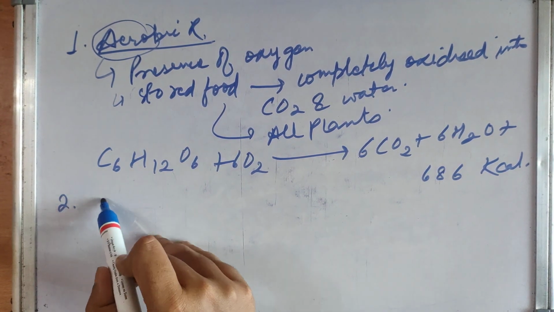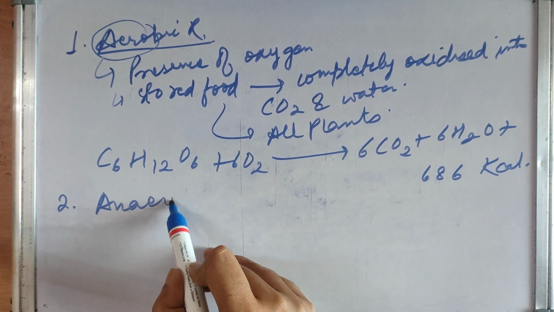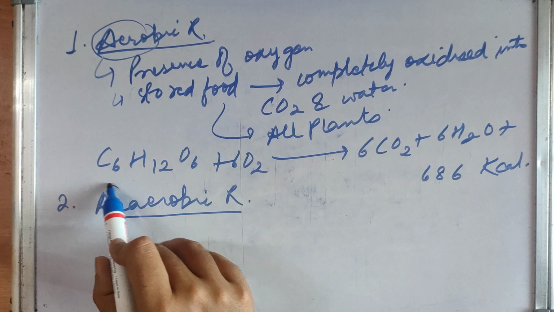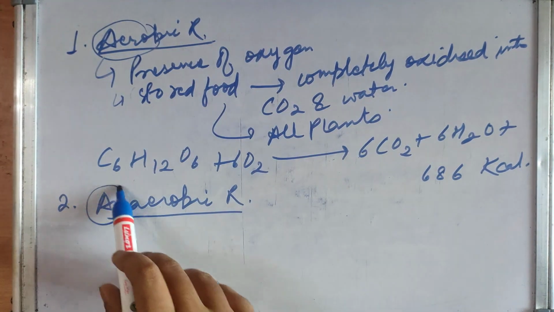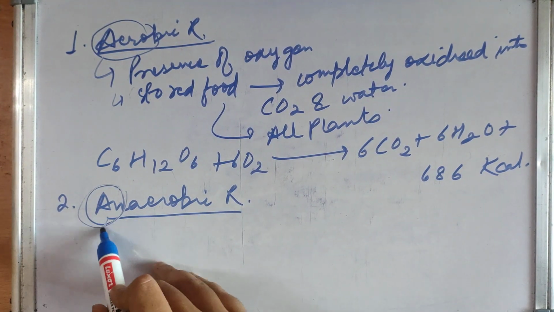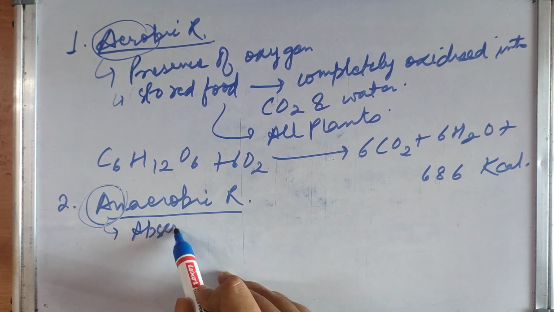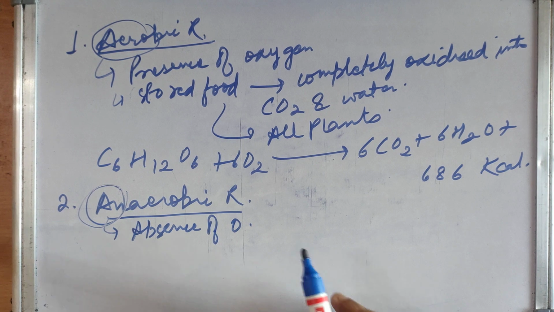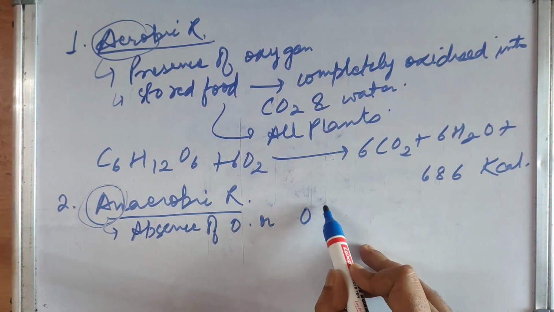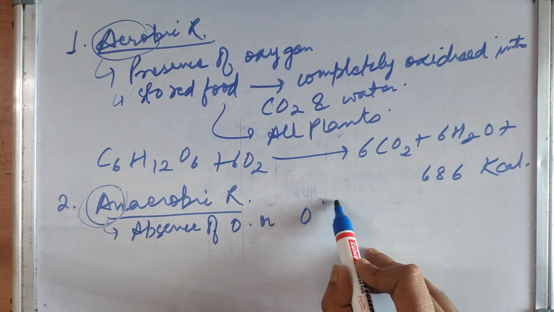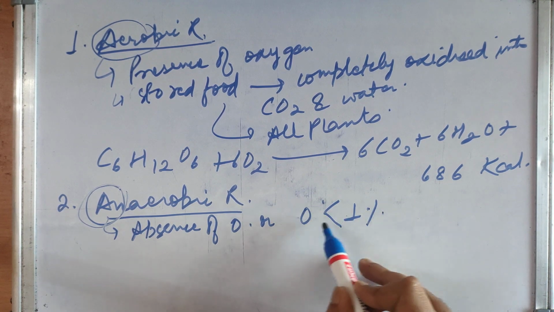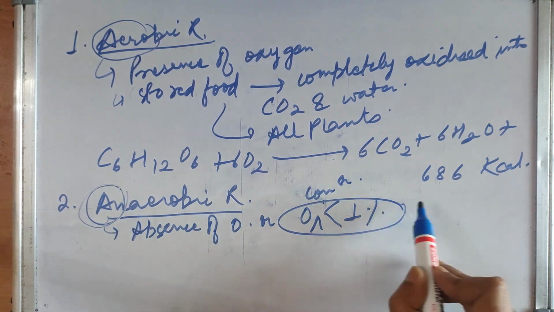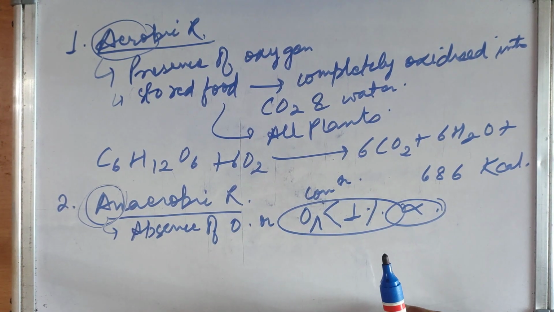Now the second one is anaerobic respiration. Anaerobic means absence of oxygen. It takes place in absence of oxygen, or when oxygen concentration is less than 1%, that is, it can't be used by the plants.